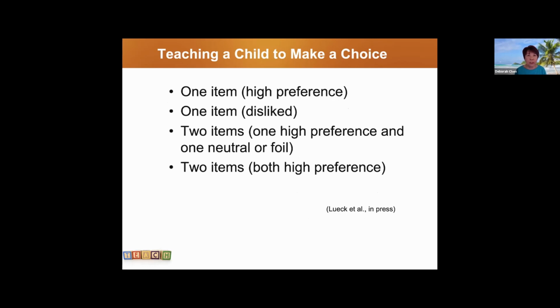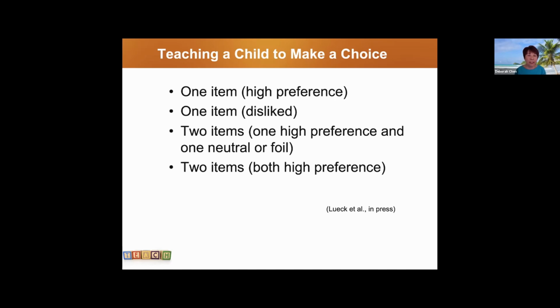There is research on how to teach a child to make a choice, and it comes from a variety of disability groups, including autism and children with visual impairment. We can offer a child something we know the child loves, high preference, and the child will take it.